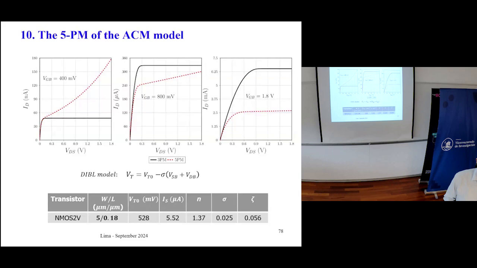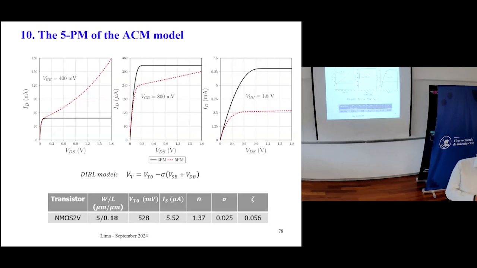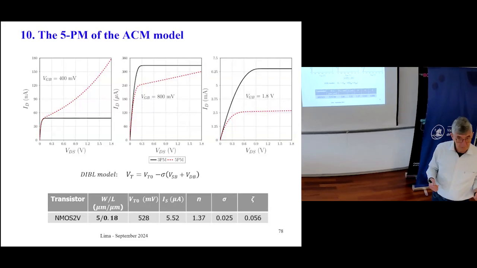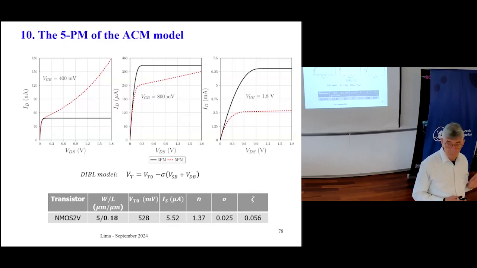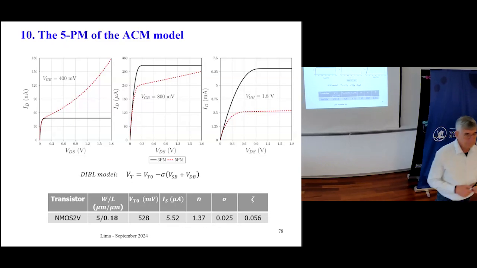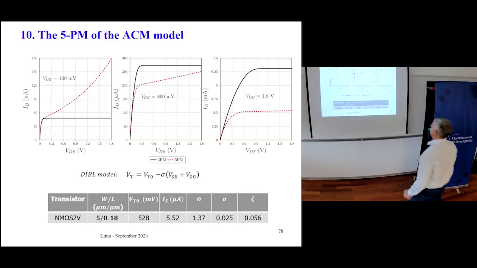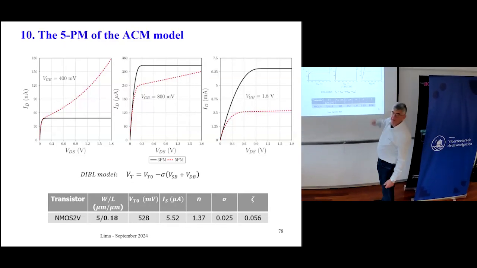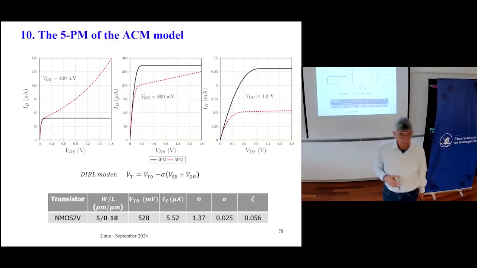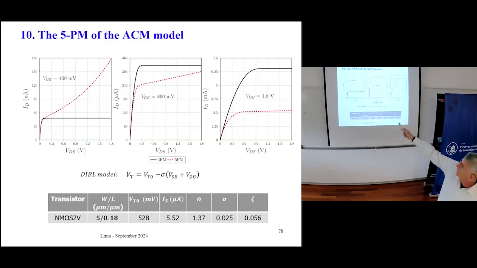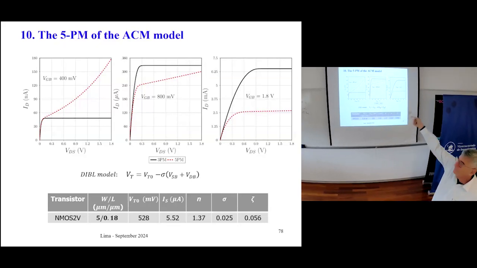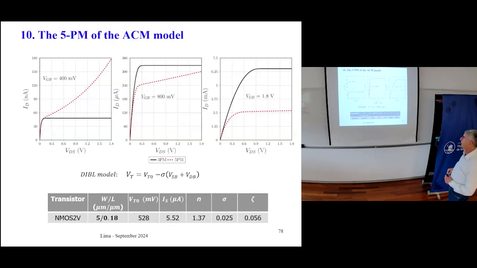The higher the VG, the less the effect of VT. The sensitivity to VT decreases with the increasing current. Okay? In strong inversion, you will see it's a very small slope, but in weak inversion, it's a huge slope. Okay?